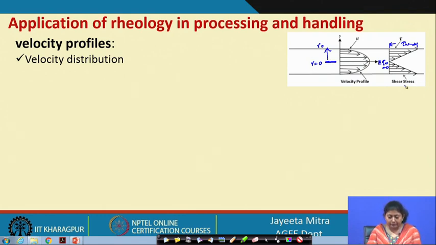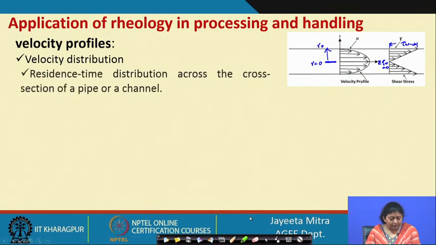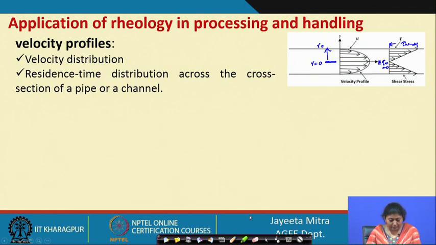Now, when we deal with different kinds of fluid, what will be the velocity profile and the stress profile will help us to design those systems. So, we can learn these two things from that.